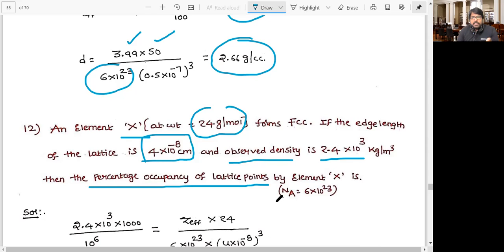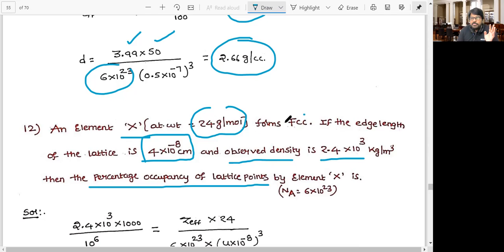If there is no defect, no need to calculate percentage occupancy, it should be 100%. But he gave some data, and according to the data, he is asking us to calculate the percentage occupancy of lattice points. If there is no defect, percentage occupancy must be 100. But he is asking percentage occupancy, which means definitely there must be some defect.